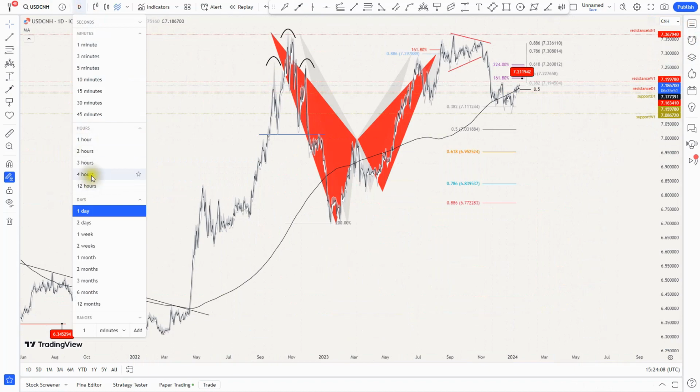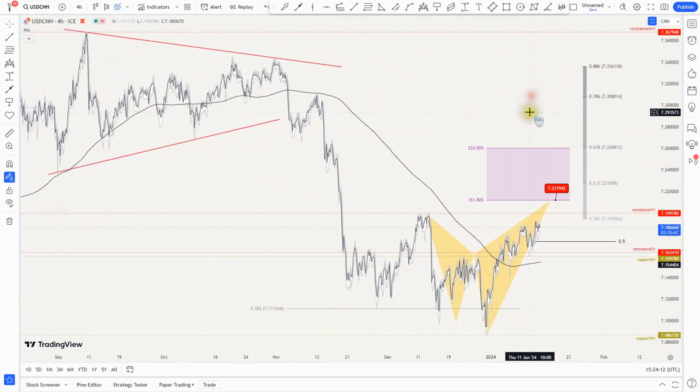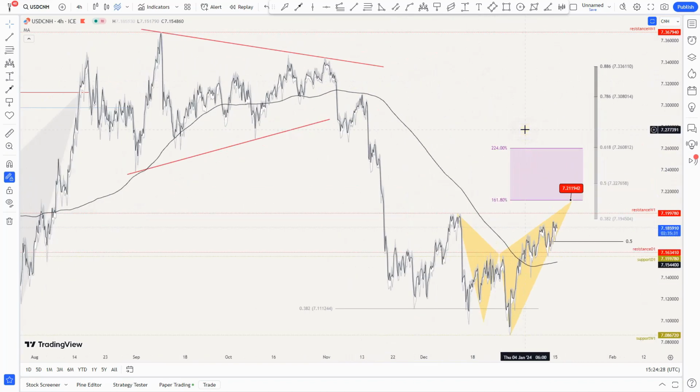Then let's move forward to the dollar versus the Chinese yuan. And we are approaching what we may call a bearish shark pattern at the golden Fibonacci level, 7.21. So we are a few points below these Fibonacci levels. Let's also pay attention to this possibility.